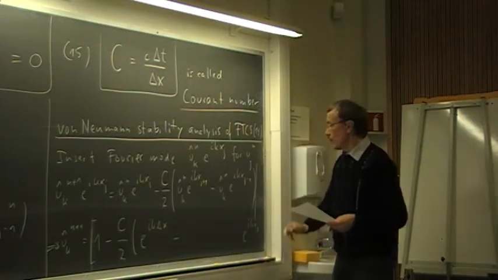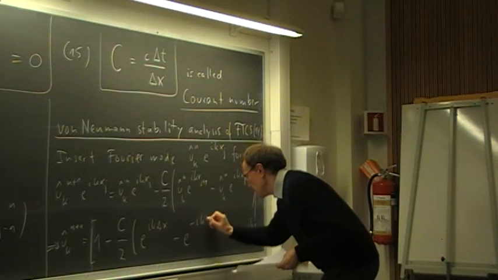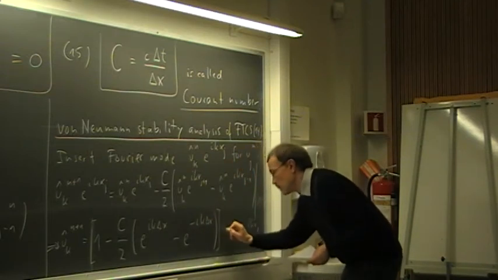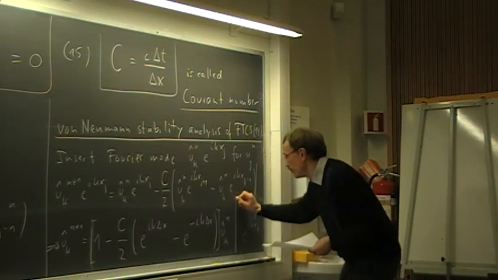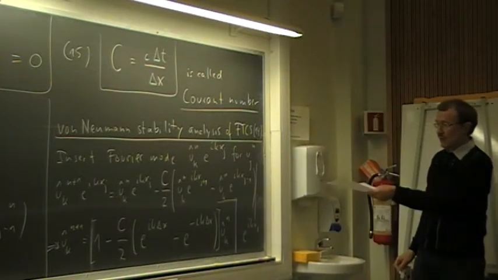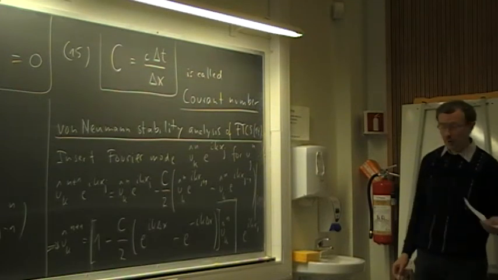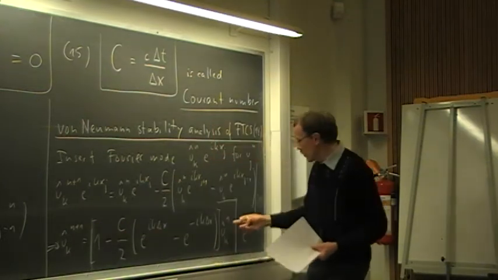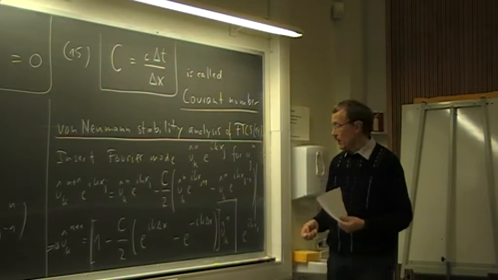Here we have just the minus, so we get it with an e to the minus ik delta x. That is then multiplied by the amplitude at the old time level. So that is what we get. And then we see immediately our amplification factor is the ratio of the amplitude at the new time level divided by the amplitude at the old time level. So it's what is in the square brackets. That is our amplification factor.